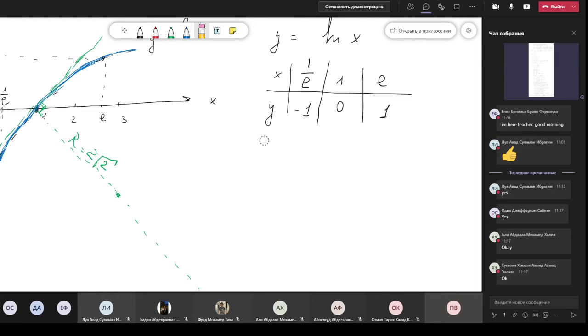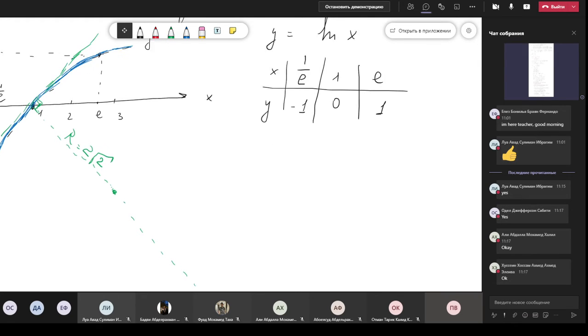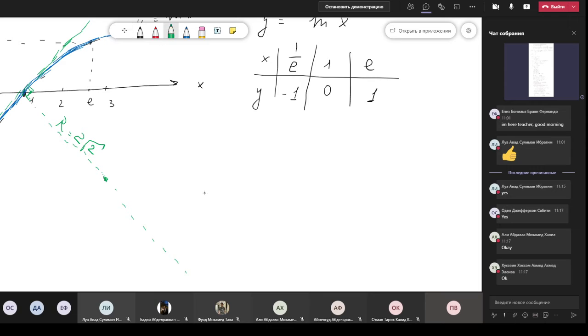I cannot plot a circle in this program. Maybe only approximately this whole radius 2 root of 2 and our circle, maybe this.